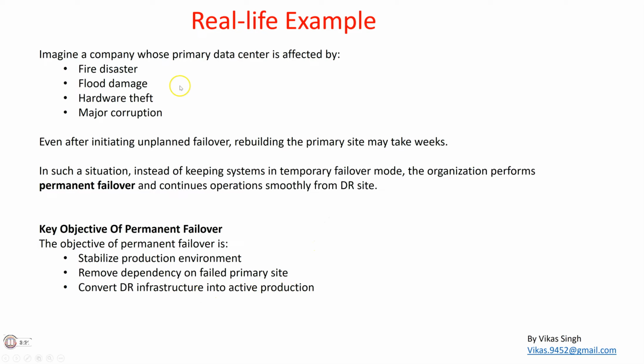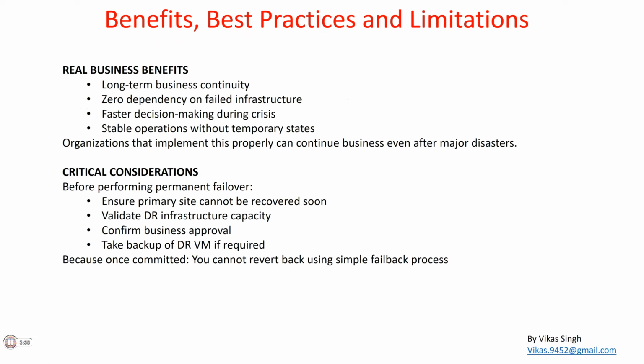So these are some scenarios where you should use a permanent failover, and the key objectives when you perform it. Make sure you consider these scenarios whenever you plan to do a permanent failover in your environment. Now let's discuss some business benefits and critical considerations before we begin with the hands-on lab.